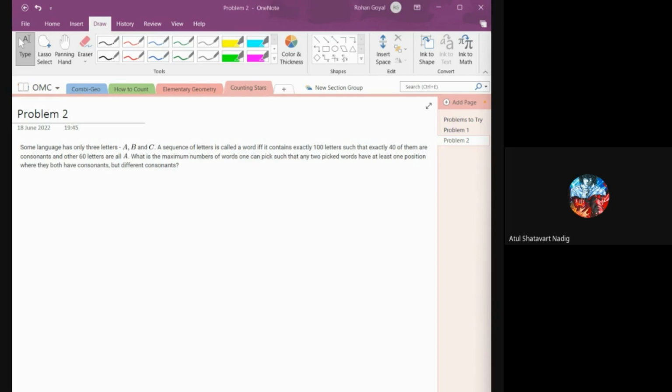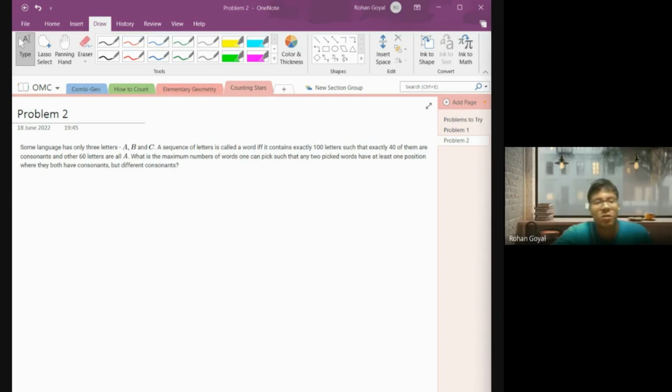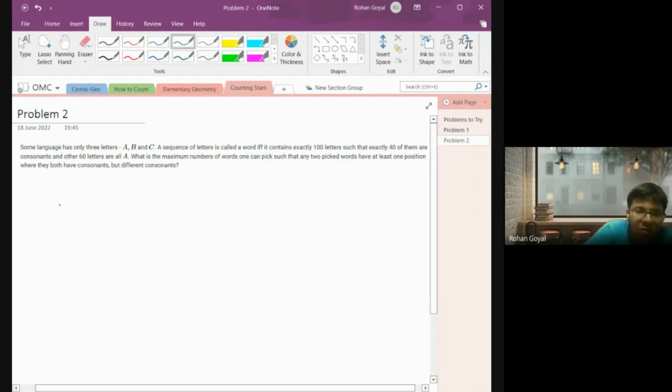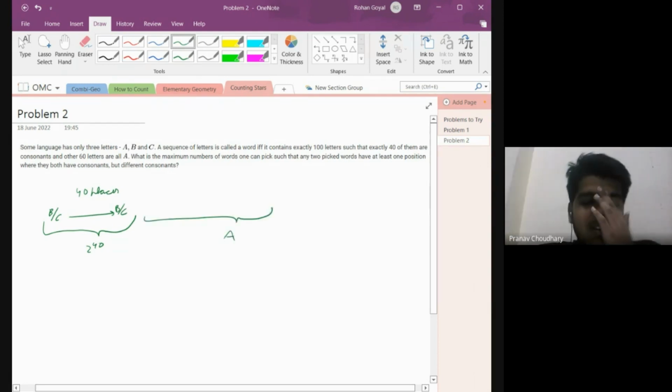Then that will work. So you just have 2 to the 40 ways of placing B and C in the first 40 places, and the rest 60 you fix to be A. Oh, okay. I misread the problem.